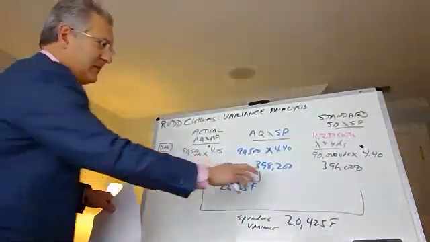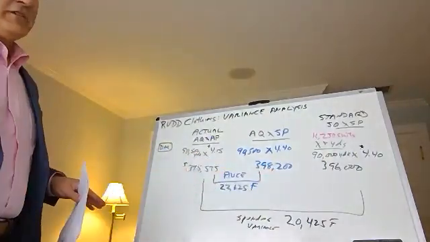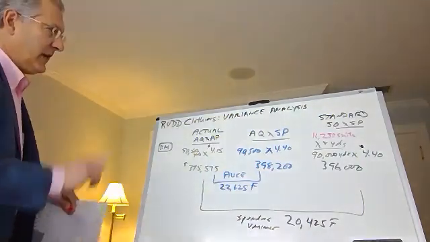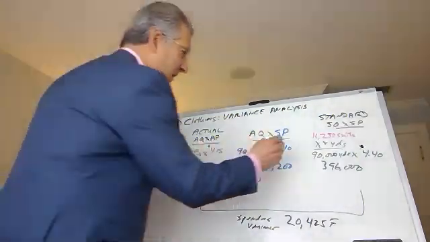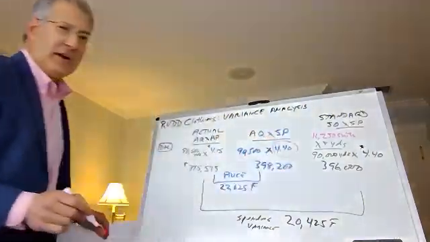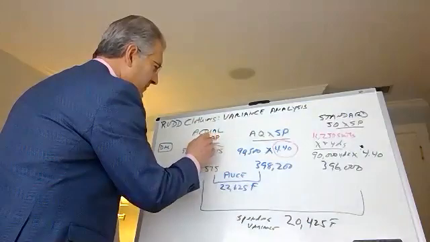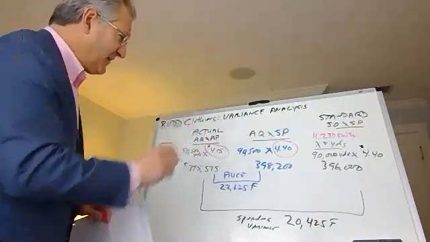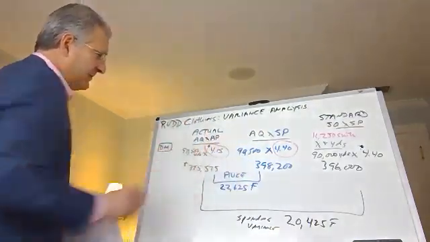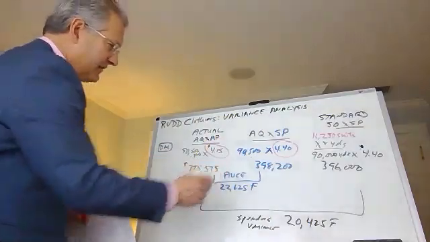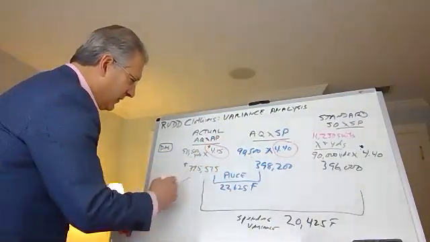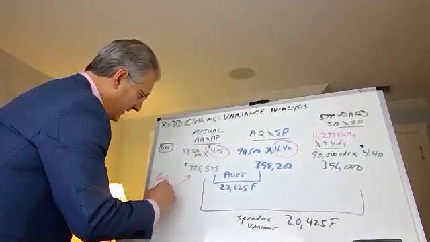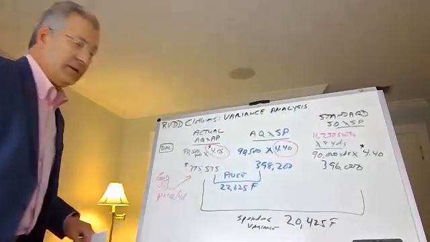It's the difference between the 398 and the 375. Another way to look at it, it is a price variance. They should have paid $4.40. They actually spent $4.15. That's a 25-cent savings over 90,500 yards, hence a favorable variance. So they did what? They did a good job on price per yard. Should be congratulated.